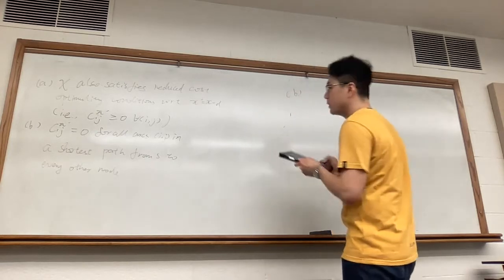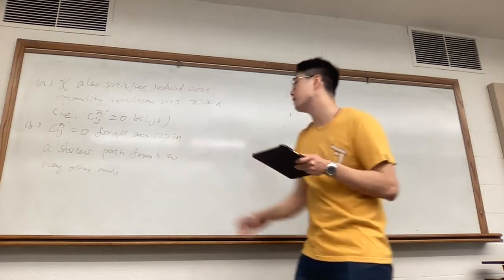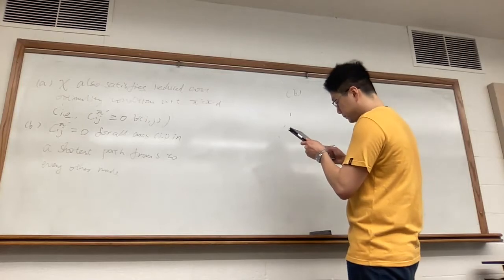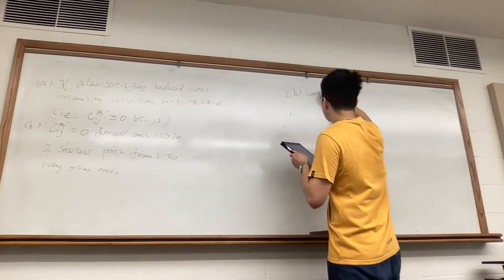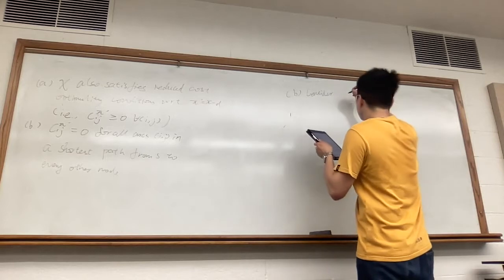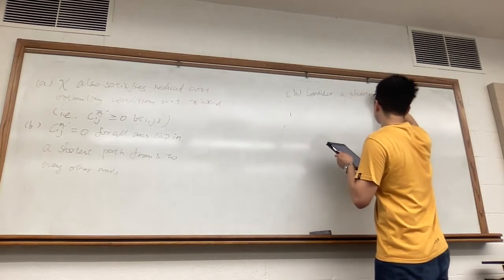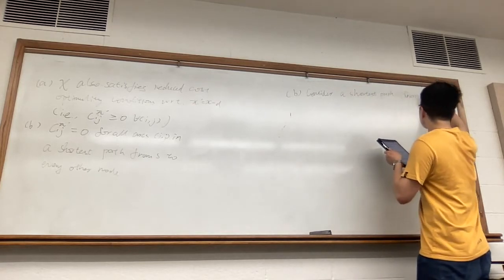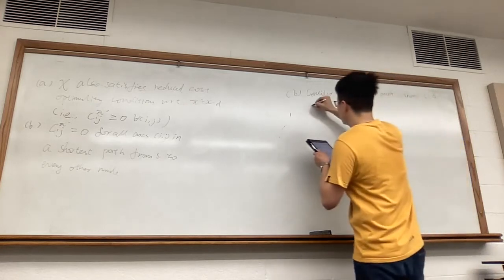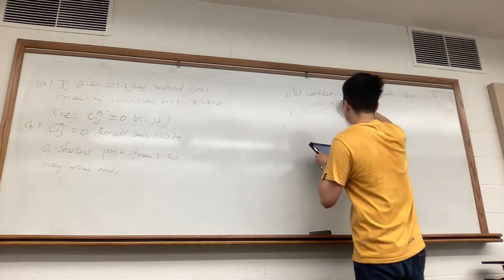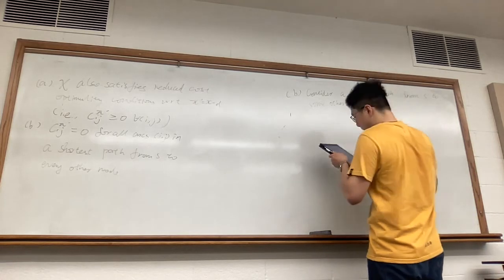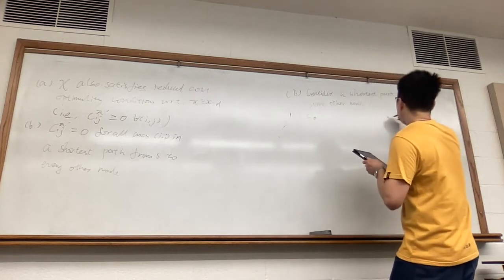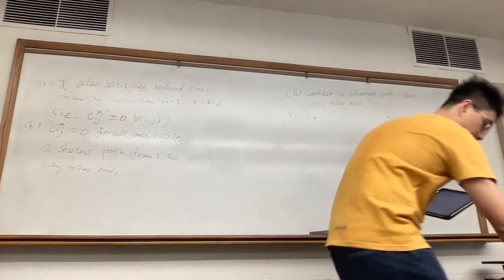So for B, it says that Cij pi prime equals 0 for all the arcs ij in the shortest path from S to every other node.